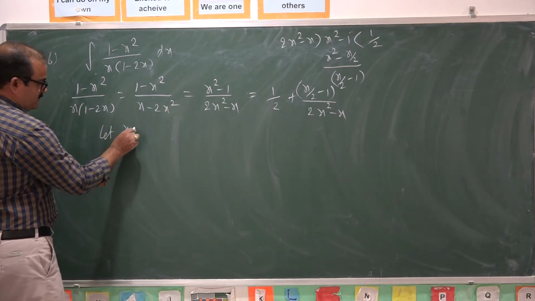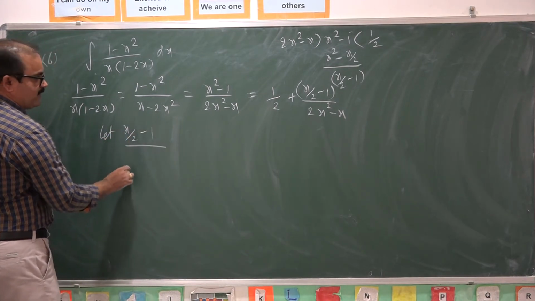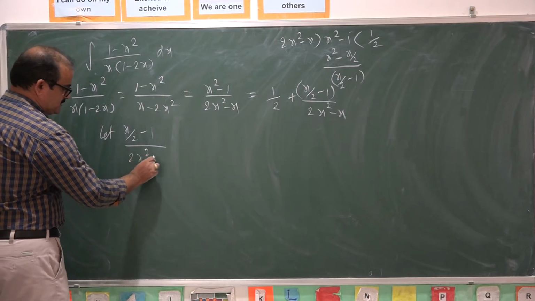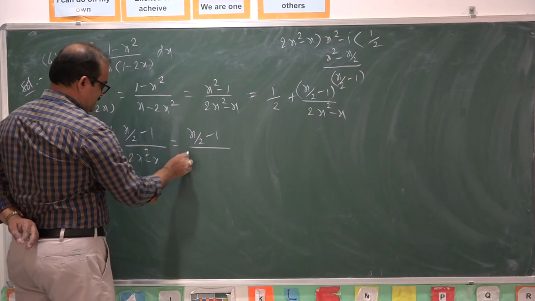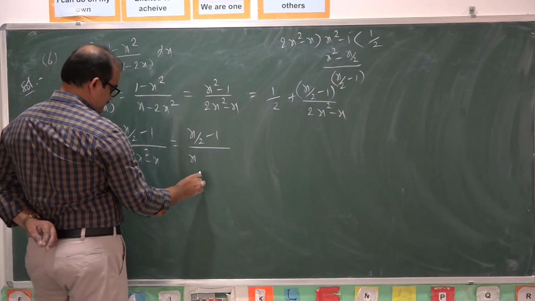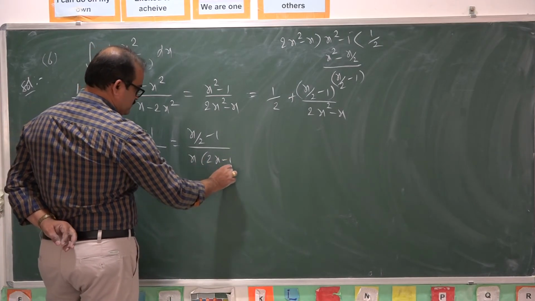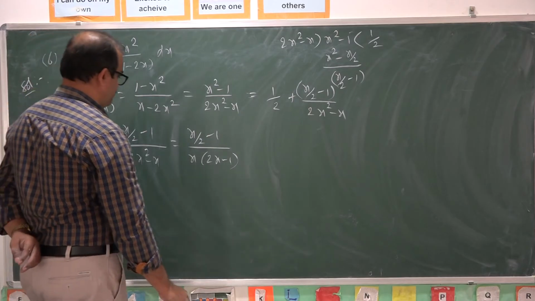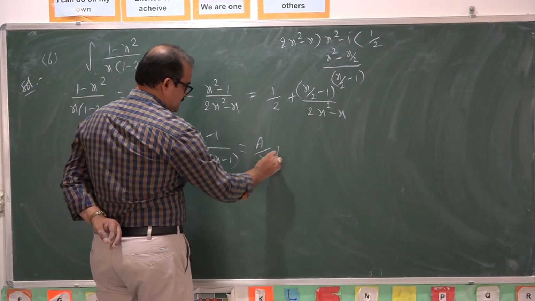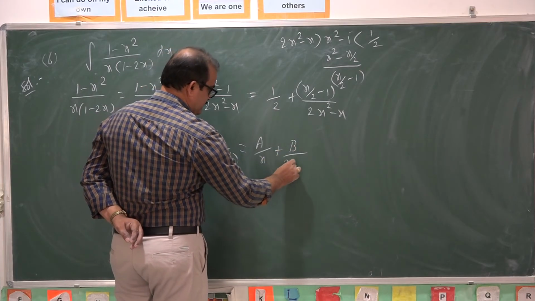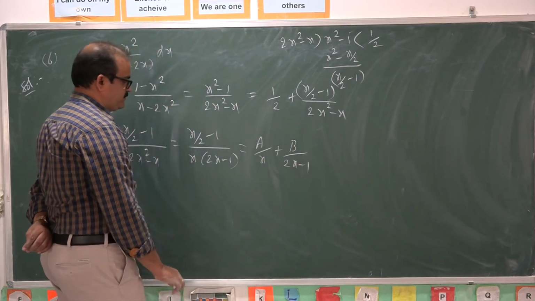Let x by 2 minus 1 by 2x square minus x is equal to x by 2 minus 1 by x into 2x minus 1. Write it as a by x plus b by 2x minus 1.